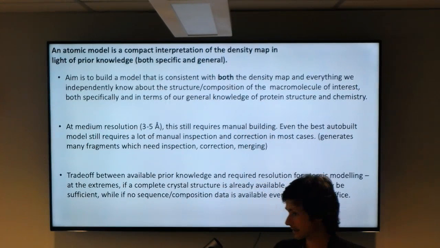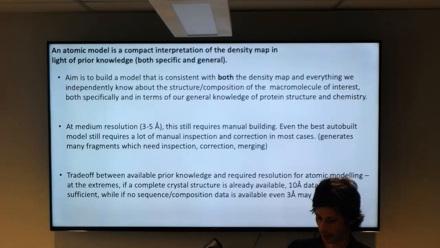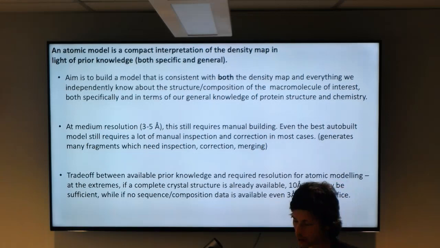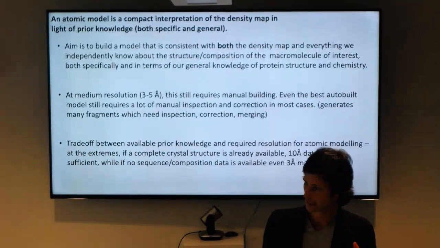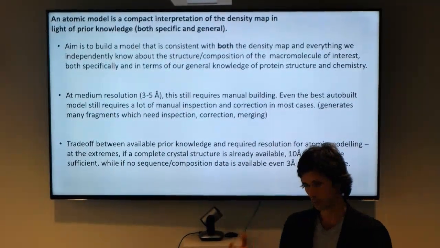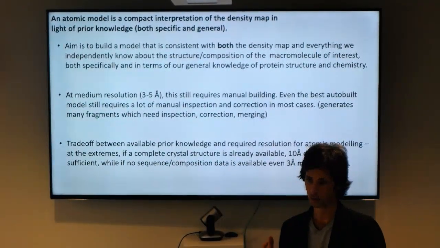So the way I like to think about model building is that it's basically a way of creating the most compact representation of both the information that's encoded in your density map and all the prior knowledge that you have about your protein.